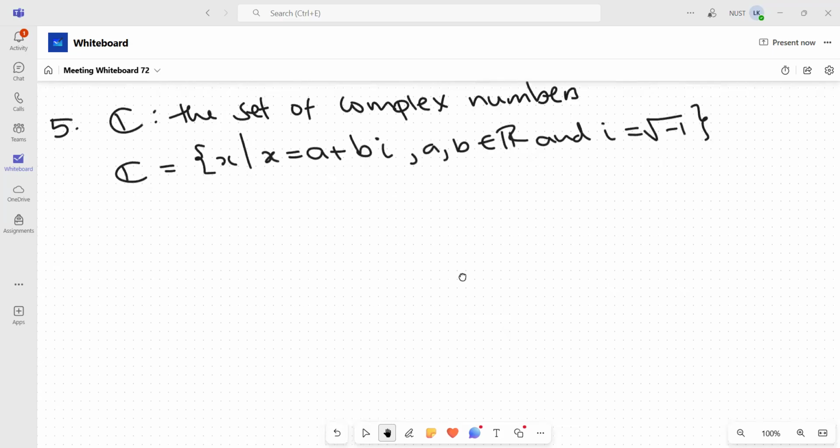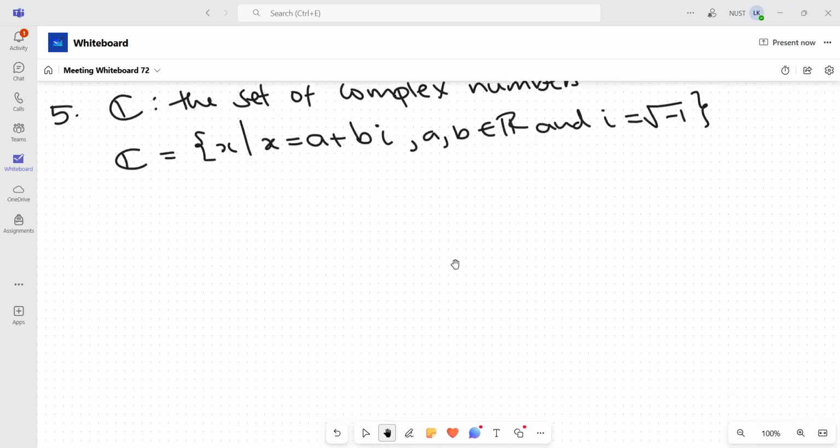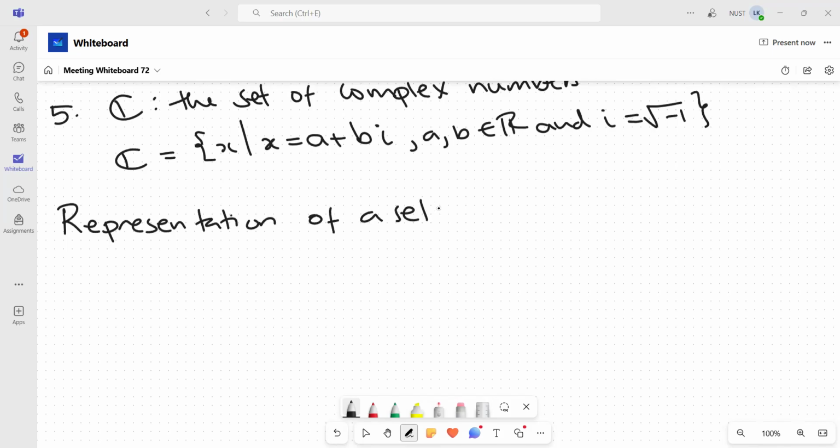Okay, so now that we know what a set is, what an element is, we've already looked at with these 5 sets ways in which we can represent a set. So we then look at the representation of a set. So how do we present or represent a set?